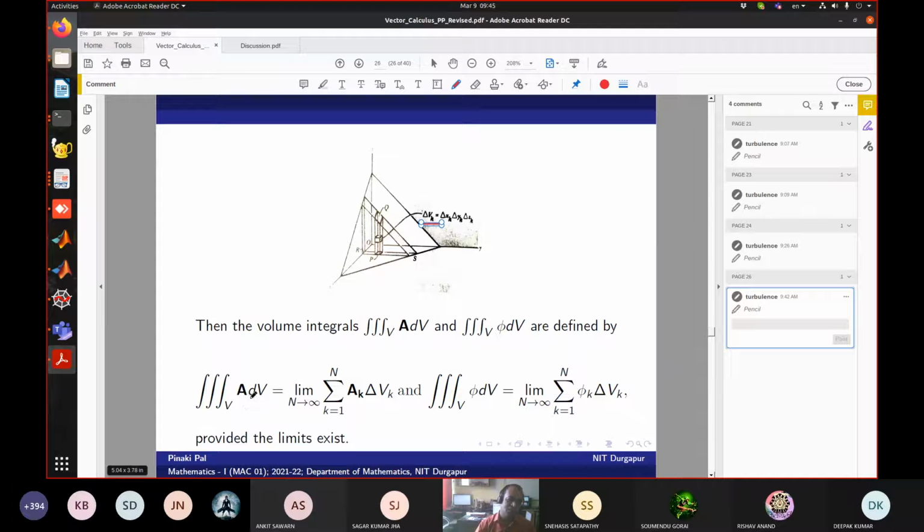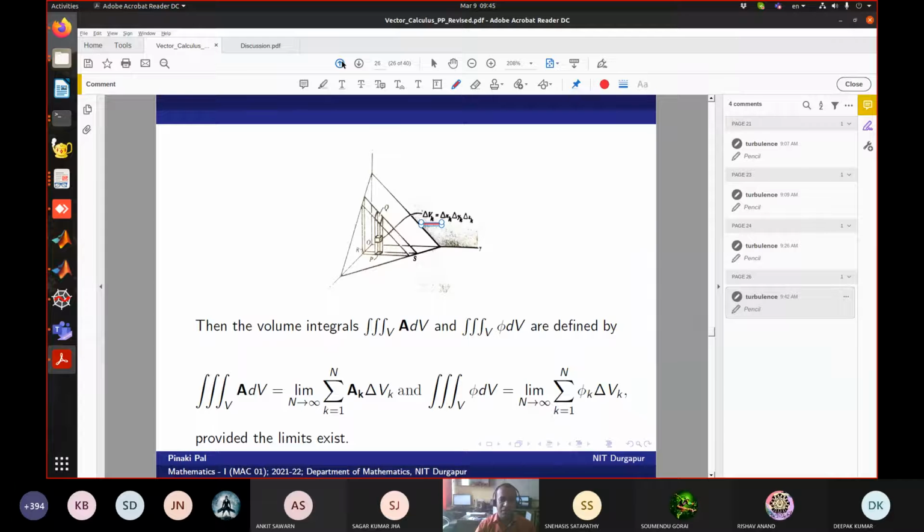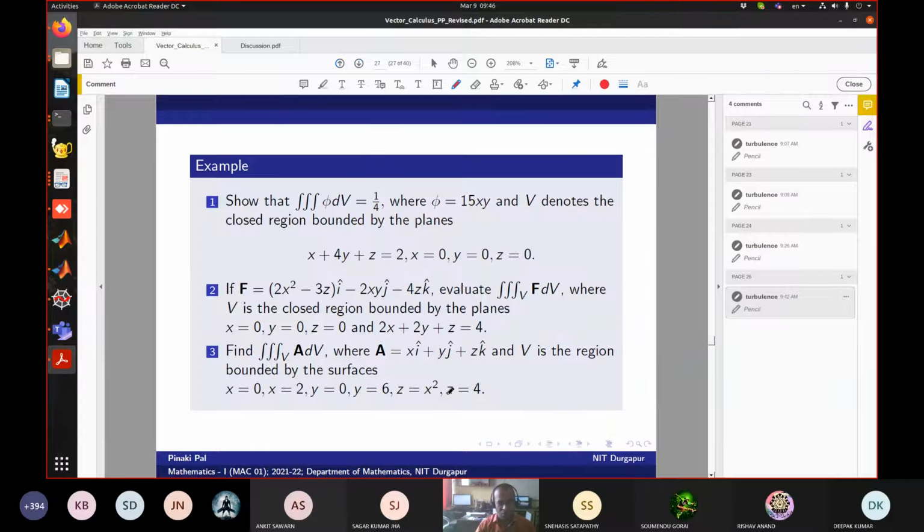The volume integral is denoted by the integral of A dV, and this is equal to the limit of this sum. I will not discuss any problem today. If you have any question regarding the basic idea of integration, you can ask me, and I'll be happy to respond.